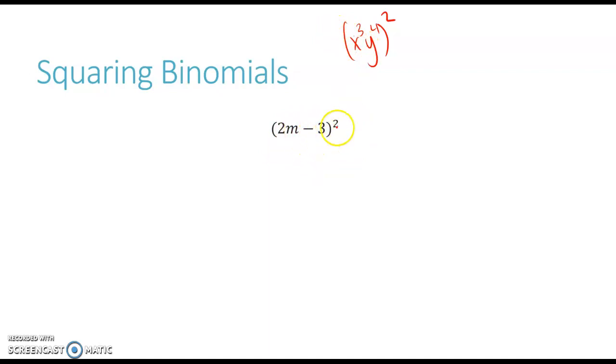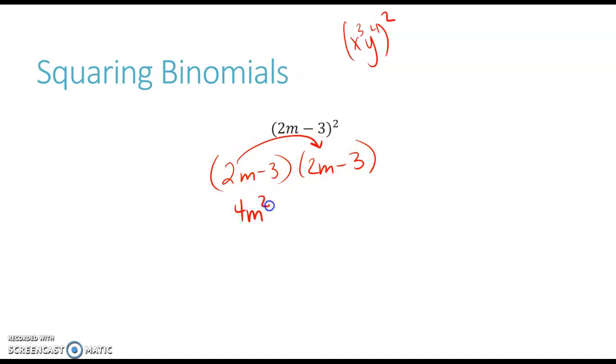So just remember that this squared is the same as 2m minus 3 times 2m minus 3. And this is the most important piece about squaring binomials, that you're taking 2m minus 3 times 2m minus 3, which will give us 4m squared minus 6m minus 6m plus 9.